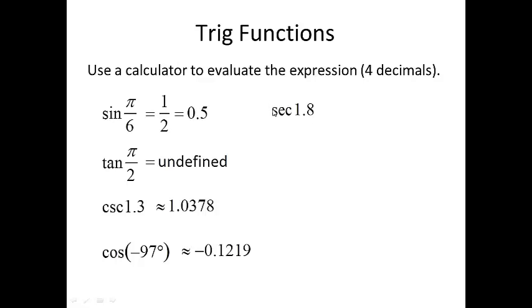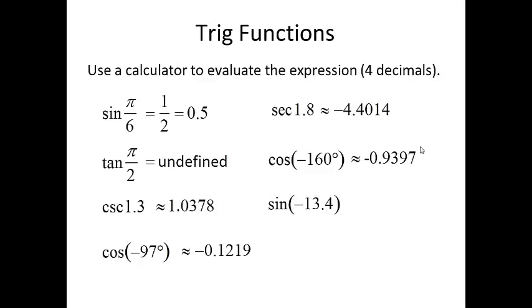And this will be the reciprocal of cosine, so you put in your calculator 1 over cosine of 1.8. Okay, and you should get negative 4.4014. And the cosine of negative 160 degrees should be negative 0.9397.